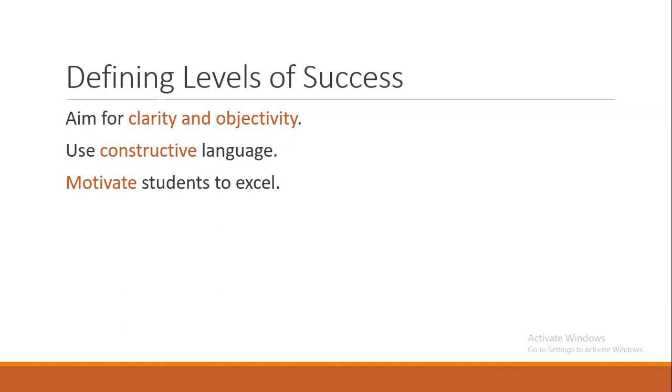And then third, motivate students to excel. Specifically when you're writing your top levels of mastery, what might be excellent or earn an A grade, write that in a way that is attractive, not completely unattainable, but also clear: okay, this is a significant success if you can reach that, so that people will strive in that direction.